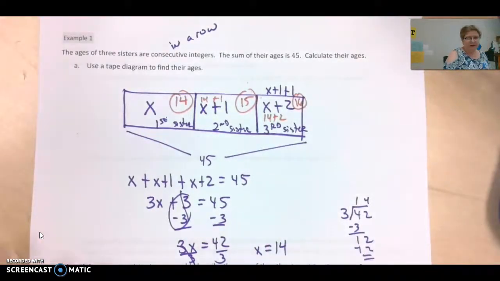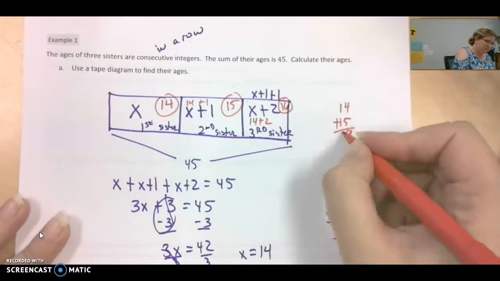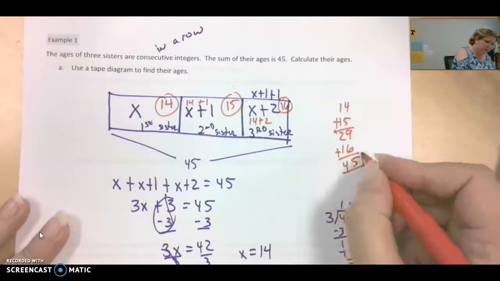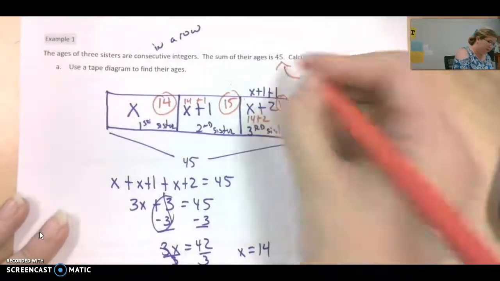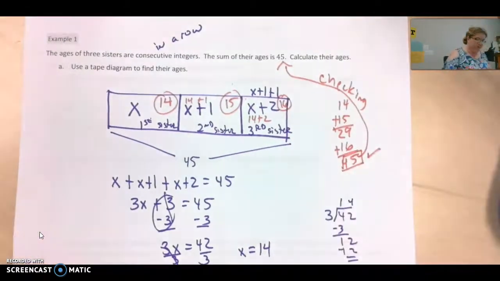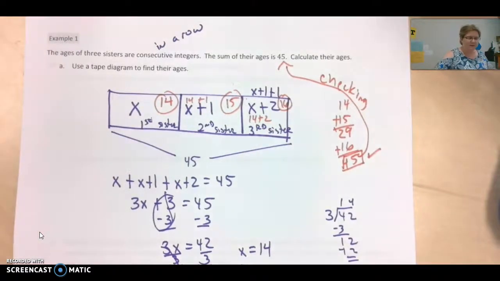And then to double check ourselves, let's just add those all together. And I got 45, which is what I needed. So that was just checking it, and it checked. Looks good. I'm going to pause this and do the other two, then I'll just talk about them just because of time.